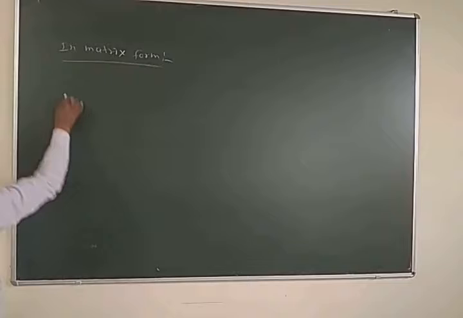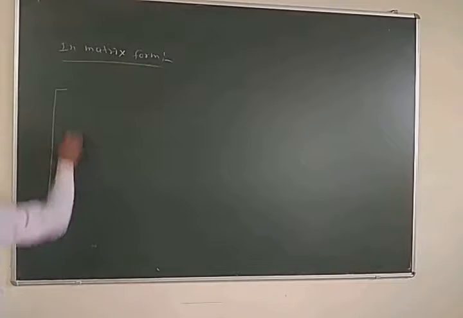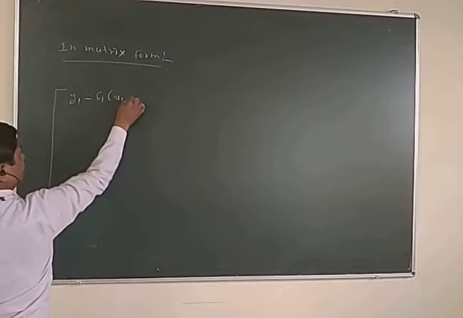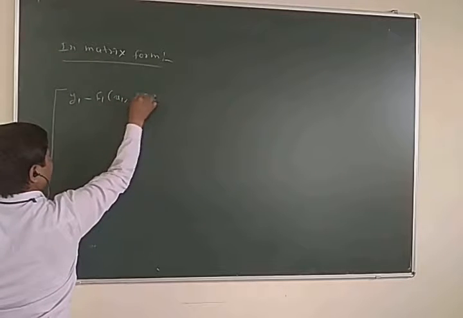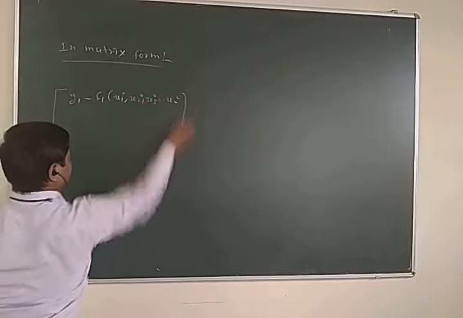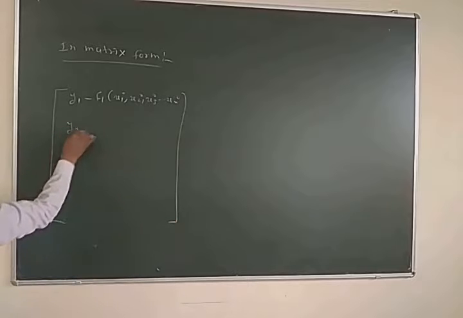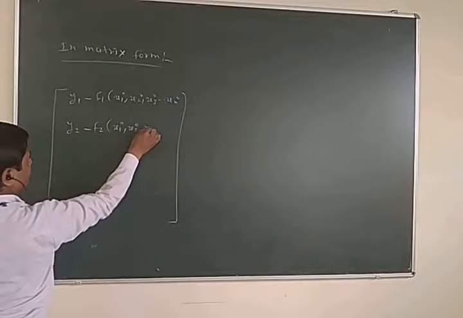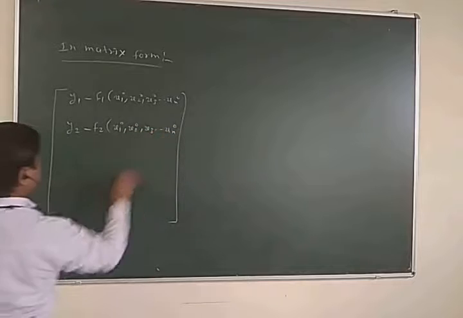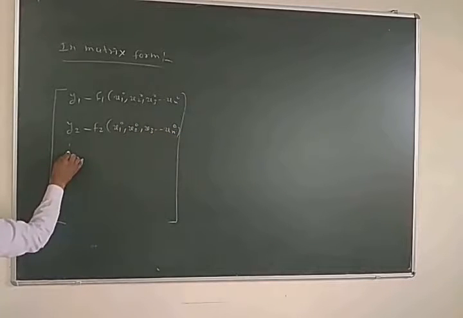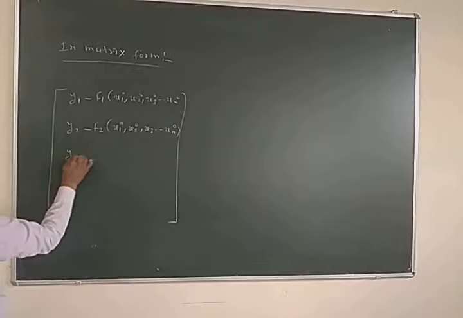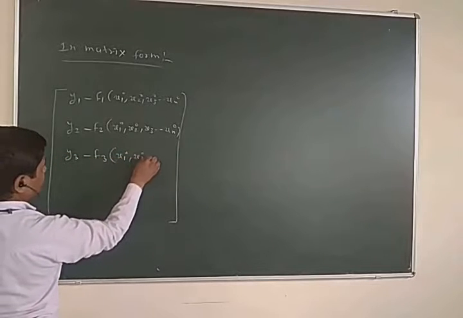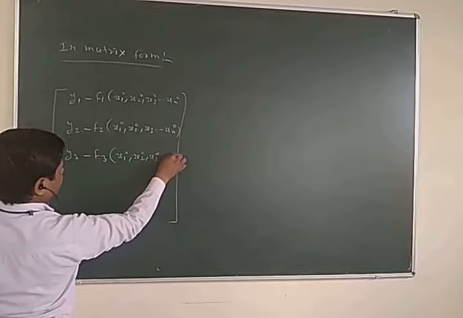In matrix form, we can write the equations as y1 minus f1 of x1, x2, x3, dot, xn; y2 minus f2 of x1, x2, x3, xn; y3 minus f3 of x1, x2, x3 and xn.